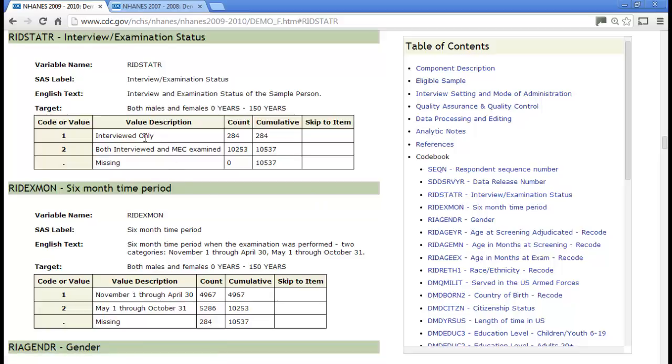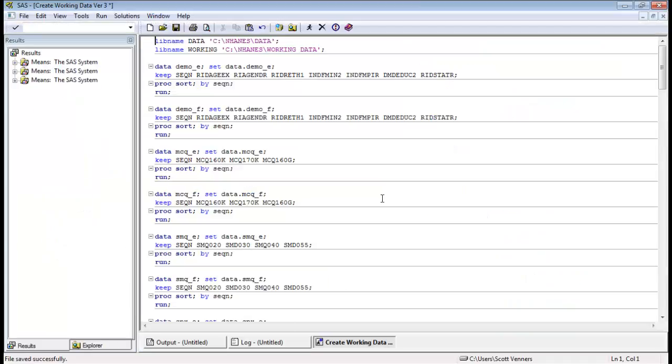This tells us whether they were in the interview only group or the both interview and MEC examined group. If they did both, then they're coded 2. So if you're using either of these, then you want to make sure that you have this variable in your data set. I had mentioned before to include this variable in your data set, so it should be there already. It comes from the demographics data. If you didn't put it in before, you can put it in now.